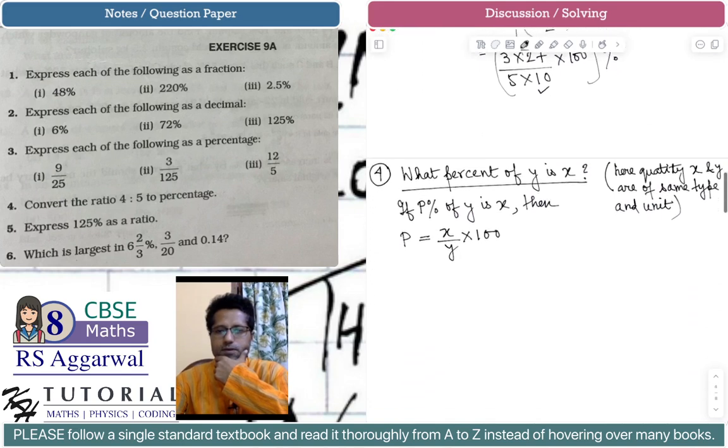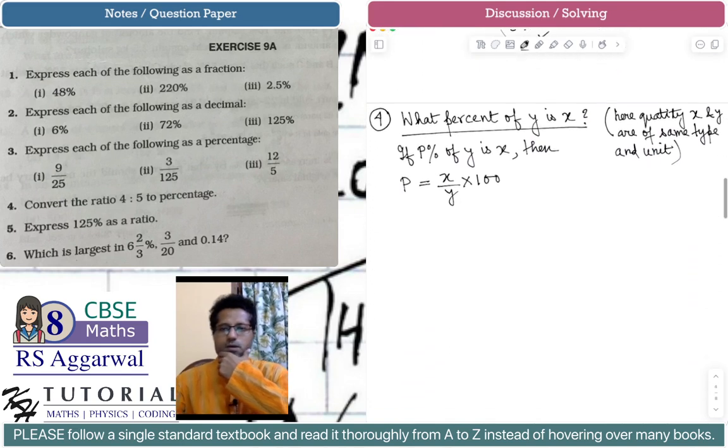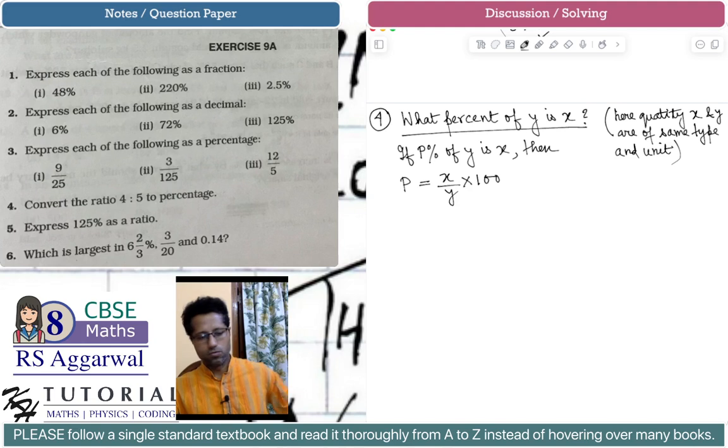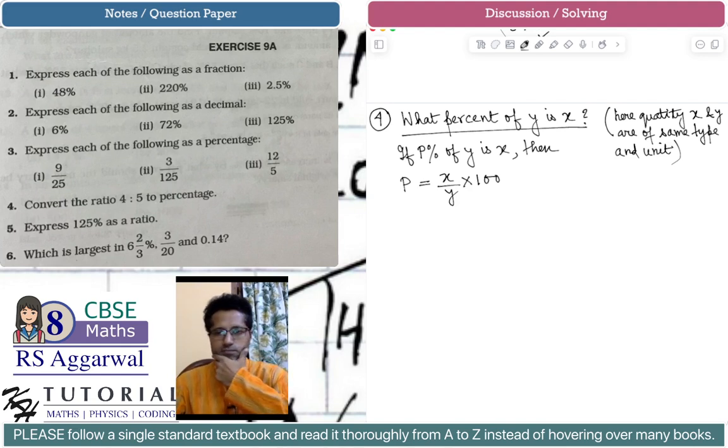The next topic is that often we have to compute what percent of y is x. To find what percent of y is x, both the quantities y and x have to be of the same type and same unit.